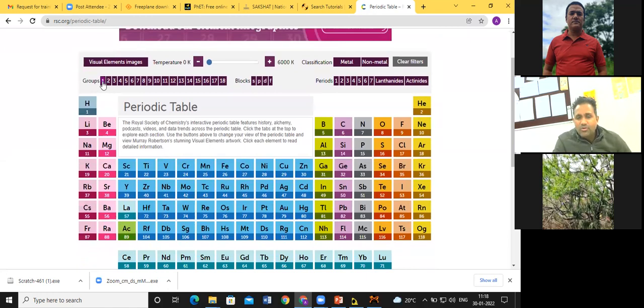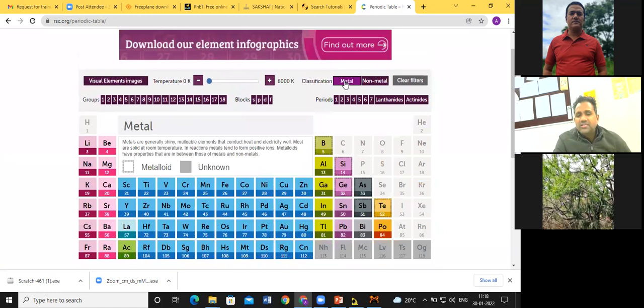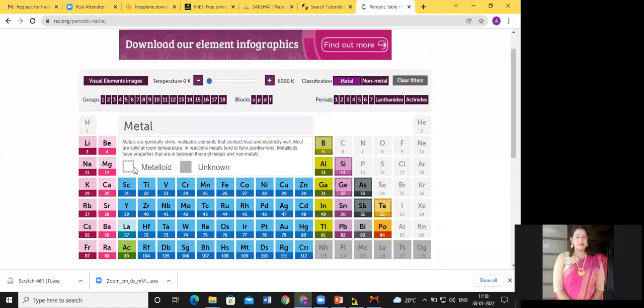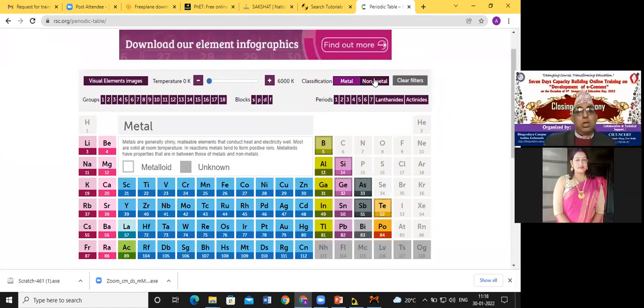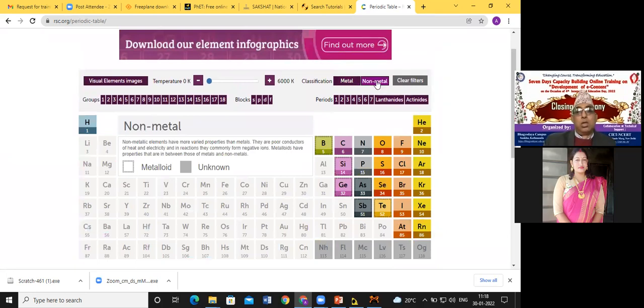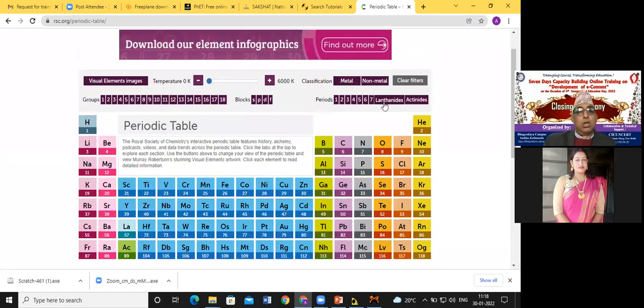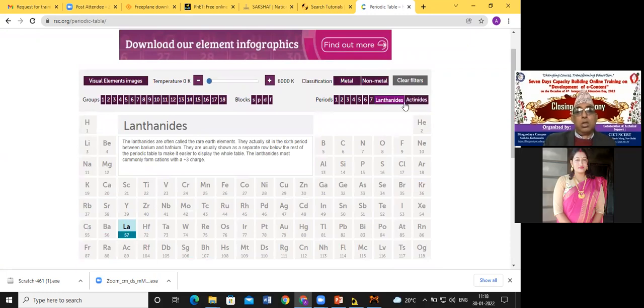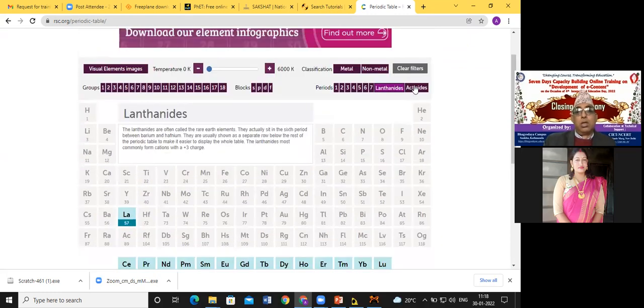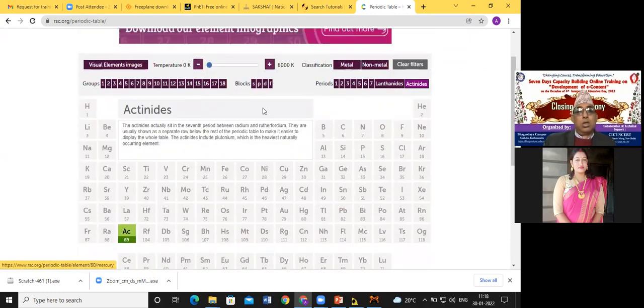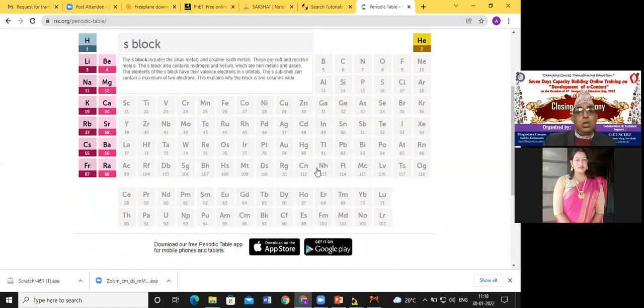You can go for the groups, whatever groups you want. Suppose I want to see the metals, so these are the metals. Suppose these are the non-metals. We have these, I can clear. These are the lanthanides. Okay, these are the actinides. I can go for the S block elements.